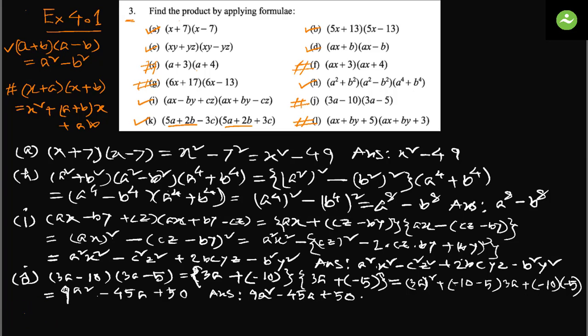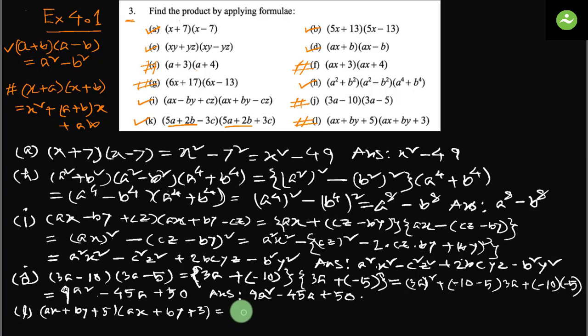L, ax plus by plus 5 into ax plus by plus 3 equals to, it should look like x plus a and x plus b.